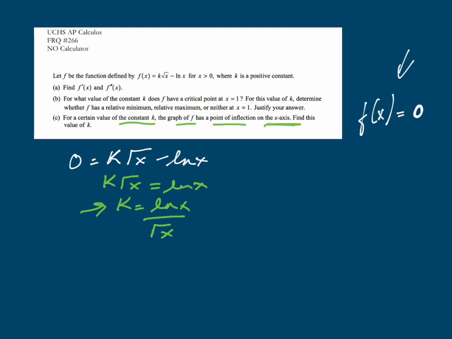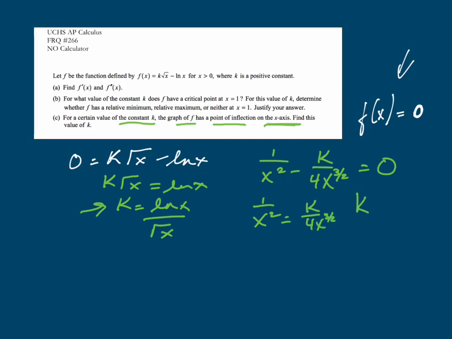And then it also means that the second derivative has to equal 0. That's where the point of inflection is. So 1 over x squared minus k over 4x to the 3/2 has to be equal to 0. So let's just solve for k again. So we get 1 over x squared equals k over 4x to the 3/2.